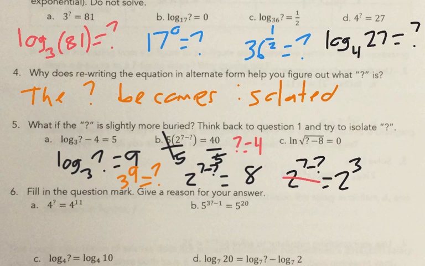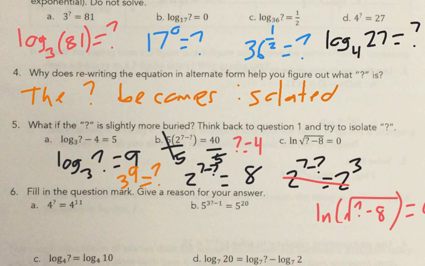What about C? The natural log of the square root of a question mark minus 8 equals 0. I hate writing question marks. Ideas. Did I show you how to work with radicals in your logarithms? No. But what is a radical?